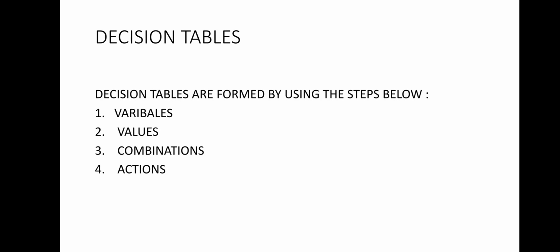Before taking the advantages into account, I'll go through the steps in forming a decision table. You can see the four points here: variables, values, combination, and actions. First we have to identify the decision variables. We have to identify the possible values. After that, we make the combinations of these things, and after that we have to set some actions if our desired results are not there. So this is about decision tables.